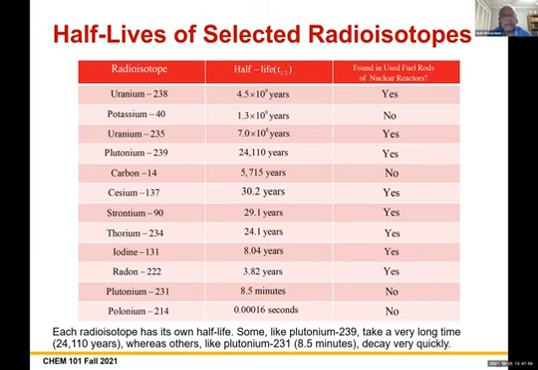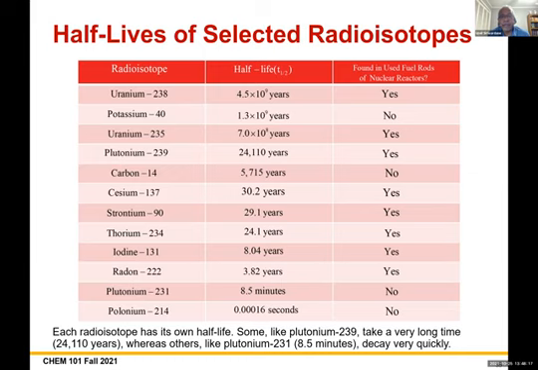For example, strontium is released from malfunctioning nuclear reactors like Chernobyl. We're going to talk about that. That material is going to be there for a long time because its half-life is 29.1 years.